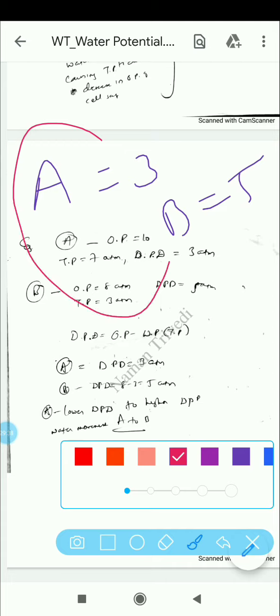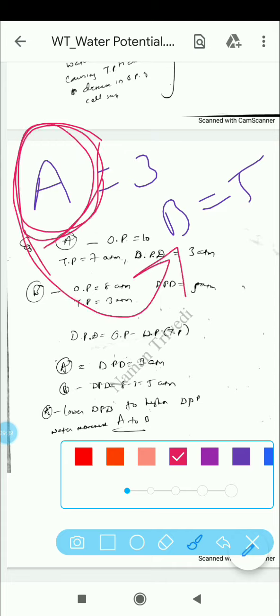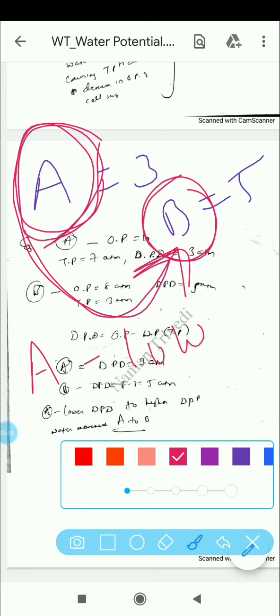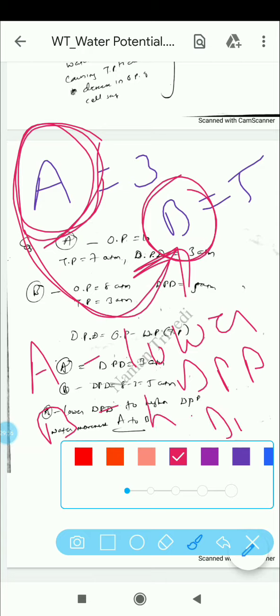So water movement will always happen from A towards B, because A has lower DPD and B has higher DPD.